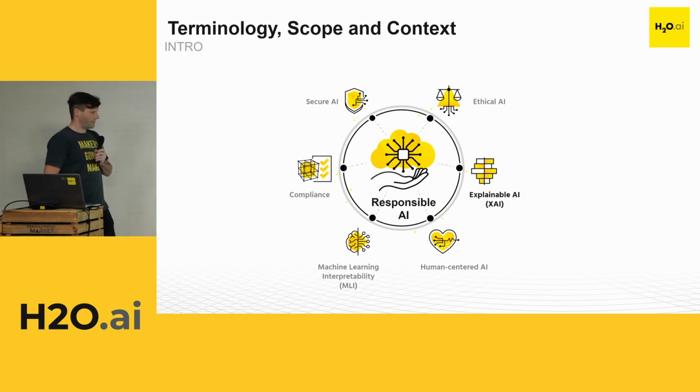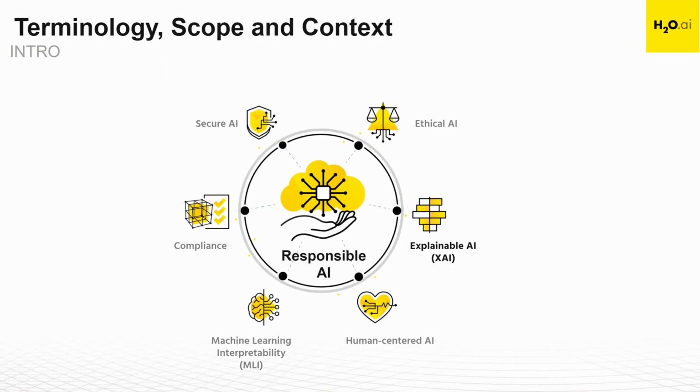Machine learning interpretability is devoted to the architecture of the models, so that you design the models, for instance, feature engineering, and you select the models in a way which allows subsequent interpretation and also explanation. And finally, there is human-centered AI, which is focused on collaboration or synergy between humans and AI to build better and responsible models.